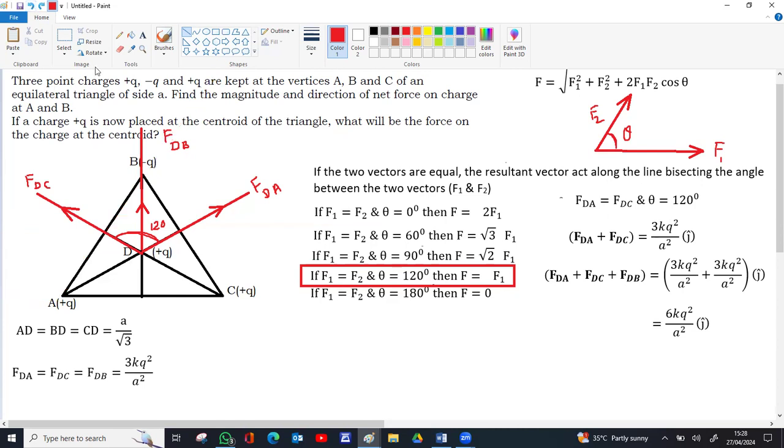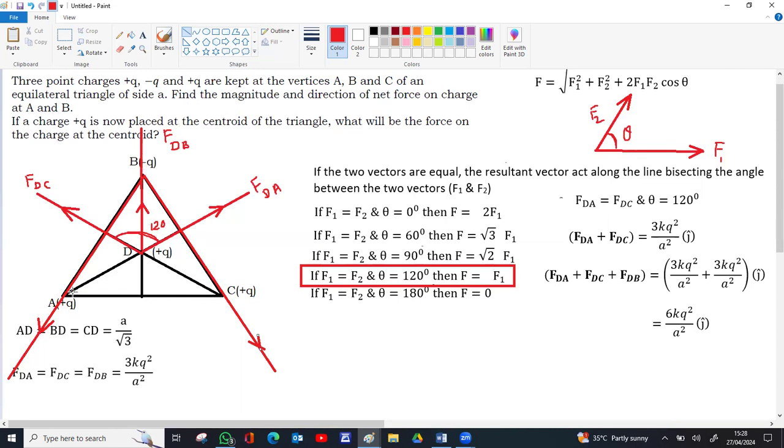Now if you want to find the resultant force on B, B is a negative charge. B is attracted by A down like this. B is attracted by C also down like this. The charges are Q, the distance is a, same charge and magnitude. So kq square by a square, kq square by a square.